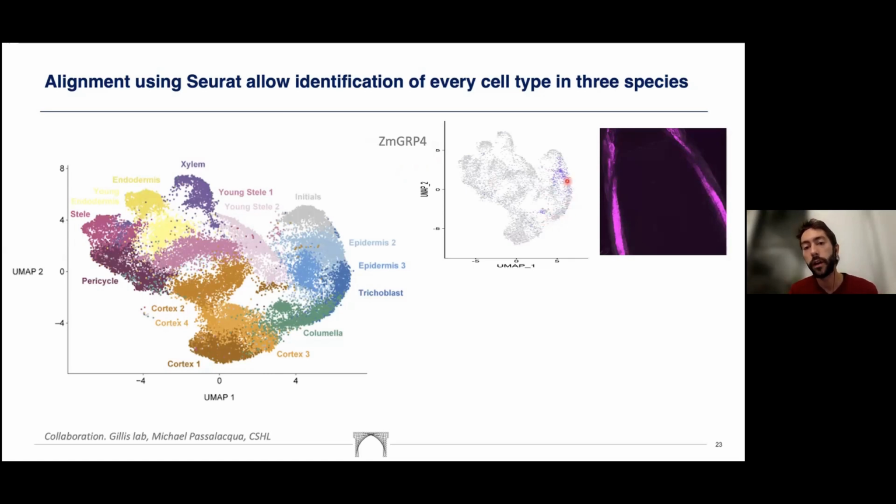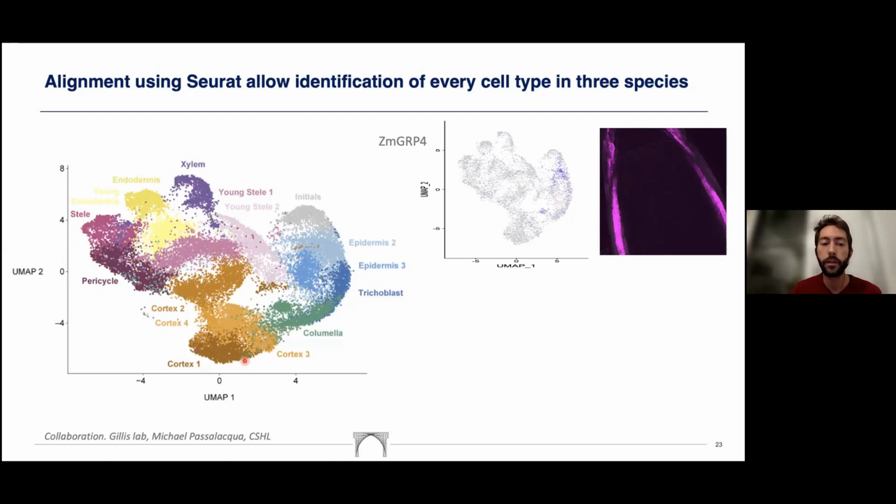And when we look at our whole mount in situ hybridization, we could confirm that its expression was indeed in the lateral root cap that was previously published, and also actually in the 2 first layers of the epidermis in maize. So now we're confirming with its orthologs in sorghum and in Setaria.